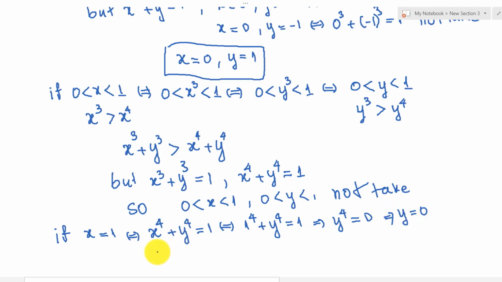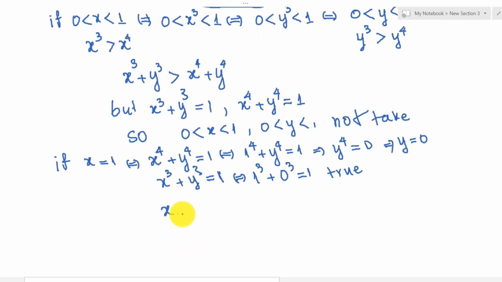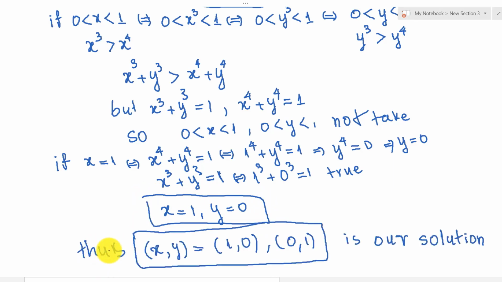And from x^3 + y^3 is equal to 1, we get 1^3 + 0^3 equal to 1, which is true. Okay, so we have a second solution: x equal to 1 and y is equal to 0. So thus (x, y) equal to (1, 0) and (0, 1) is our solution.